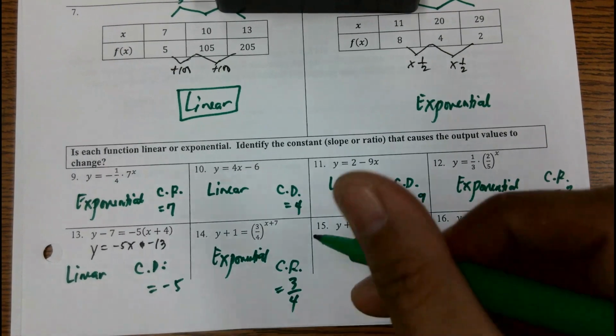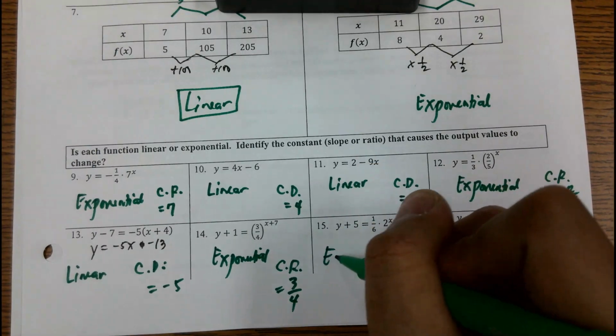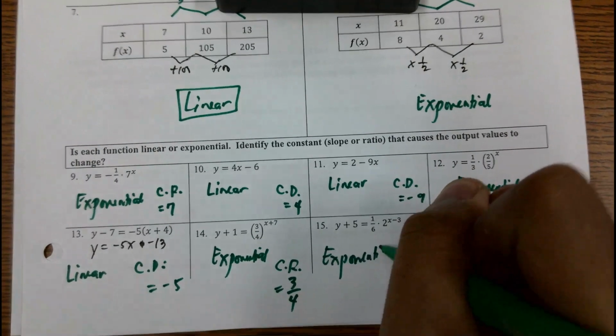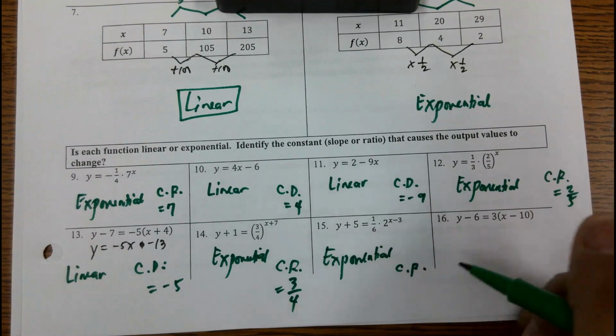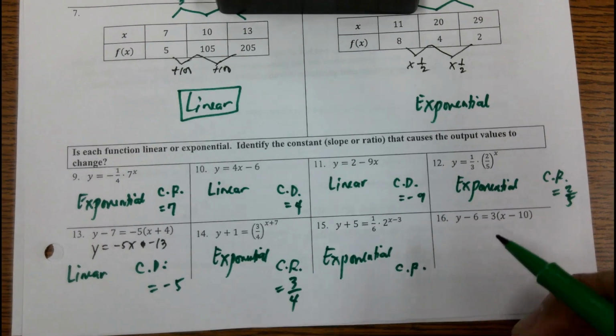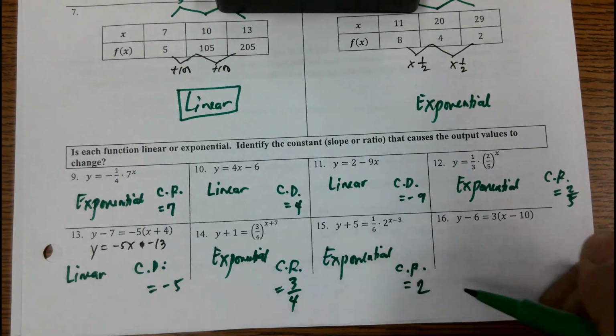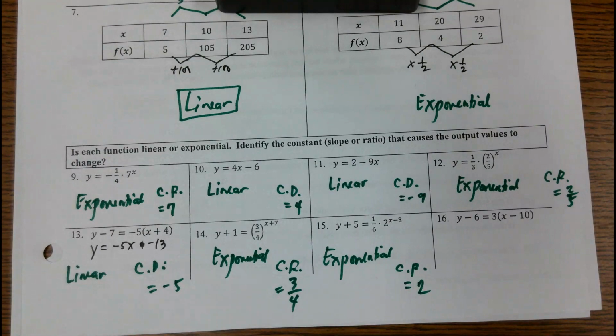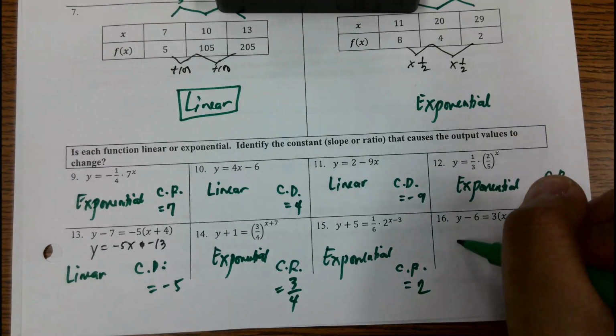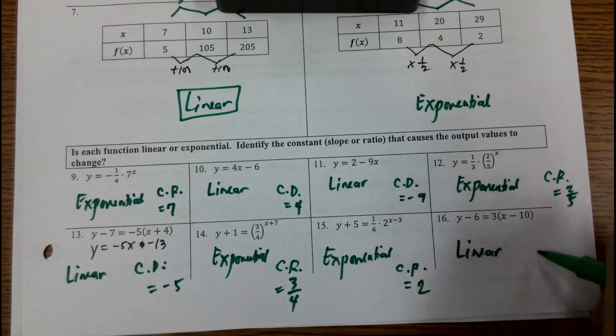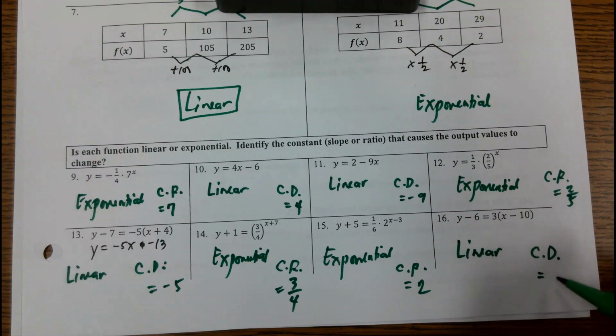Exponential. What's the common ratio? 1/6. Nope, it's not. It's 2. And lastly, number 16. They ask for Lexa. Linear, exponential? Linear. What's the common difference? 3. Correct.